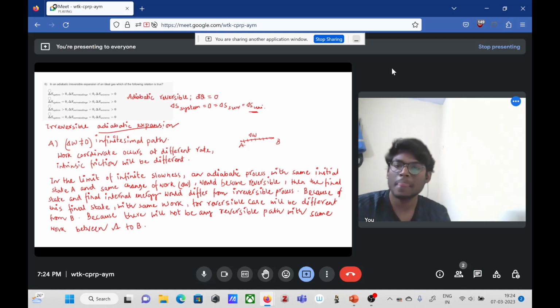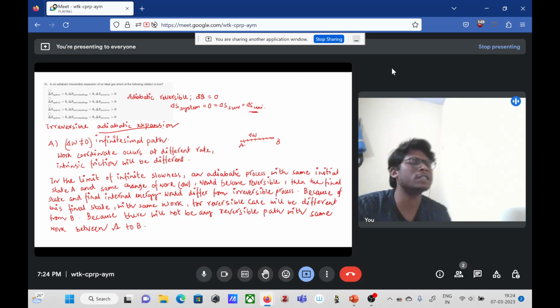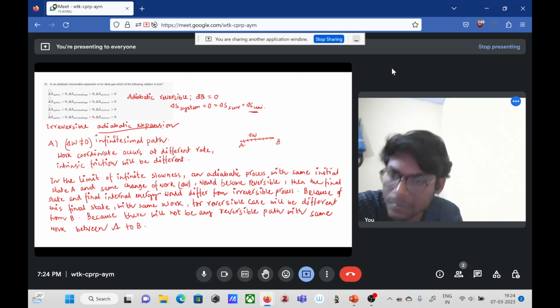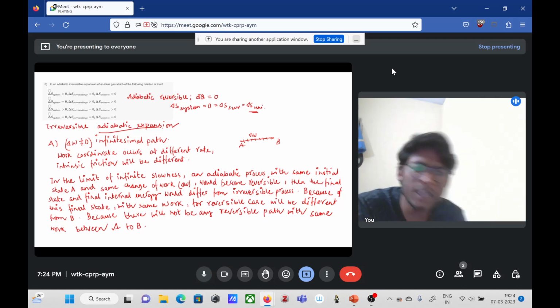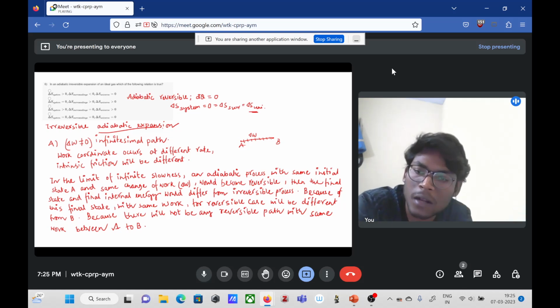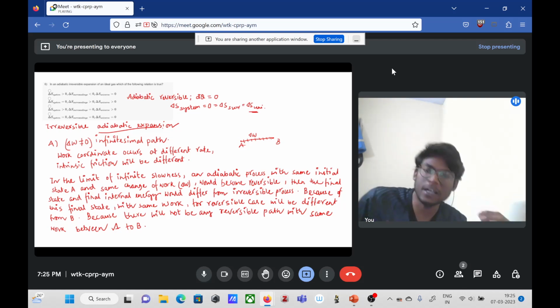If it is not, let me reiterate. Now, if the process would be adiabatic reversible, then delta Q equals 0 and the entropy change of system, surroundings and universe is 0. For an irreversible process, we can think of two situations, where some work is being done. If some work is being done in an infinitesimal path, then in the limit of infinite slowness, an adiabatic process with the same initial state A and the same work, delta W, would become reversible.